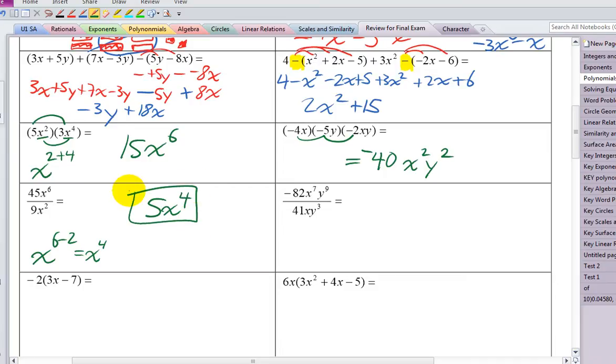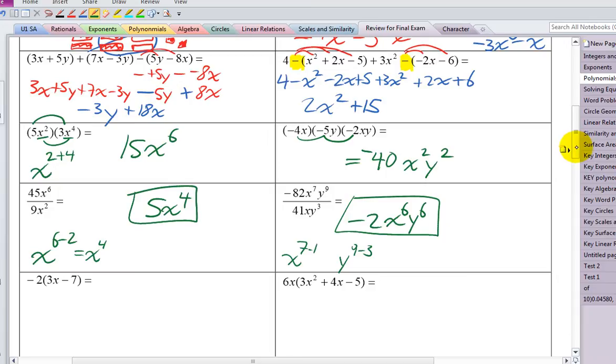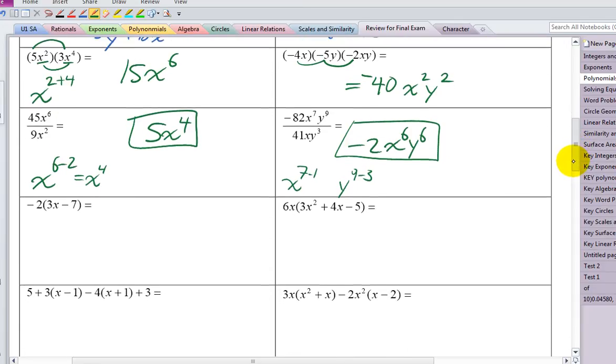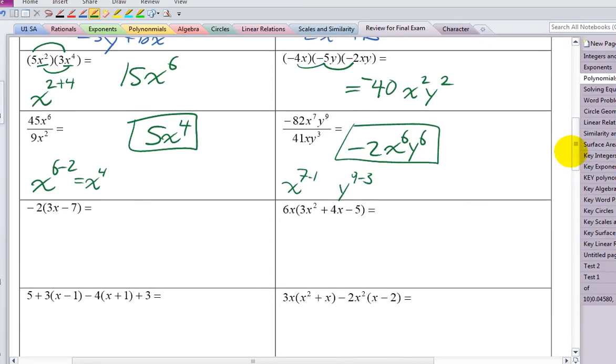Awesome. Do the next one, go. Good. Okay. Negative 2x6, y6.